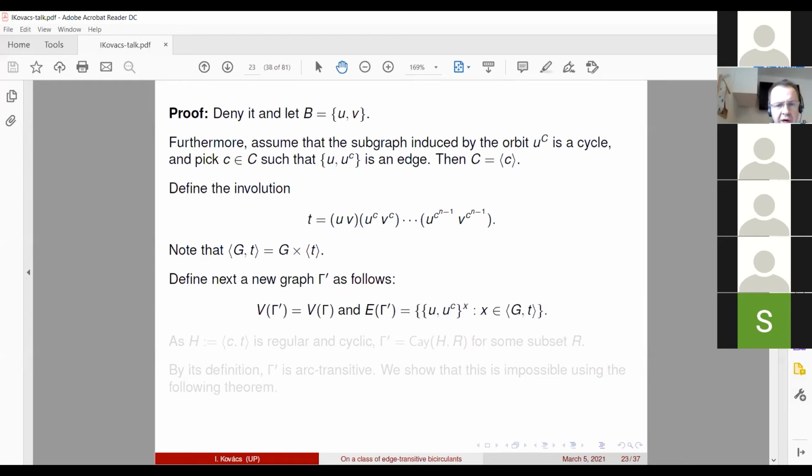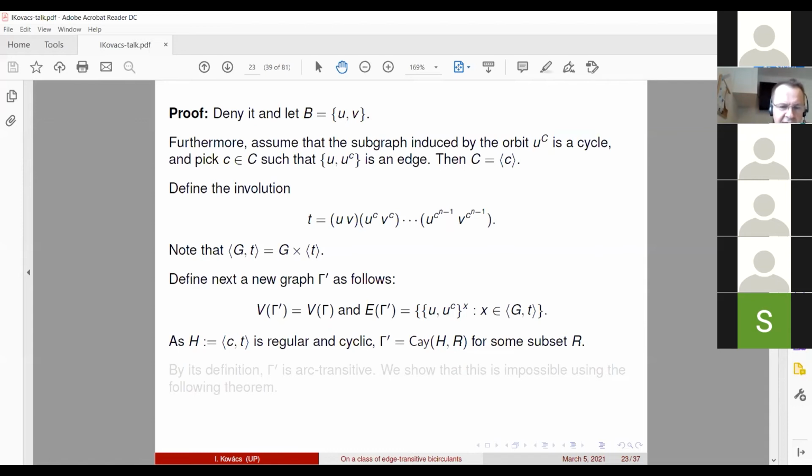And now we introduce a new graph. The new graph, gamma prime, has the same vertex set as gamma, but the edges we take to be the orbit of this fixed edge UC under this new group G times the group generated by T. Now you can observe that this group G times T acts on the new graph, and it contains a regular cyclic subgroup, namely the group generated by C and T, which is cyclic because the order of C is odd.